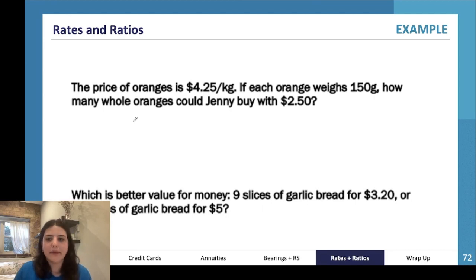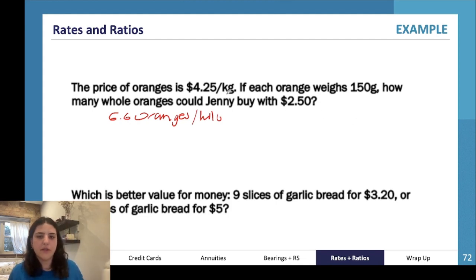Actually, no, that's not the best way to do that. I guess the best way to do it would be to find how many oranges are in a kilo. So we've got 1,000 grams divided by 150. So that's 6.6 oranges in a kilo. But she only has $2.50 of that $4.25.